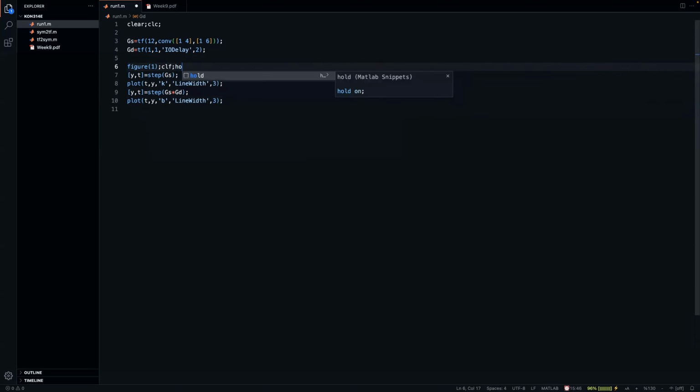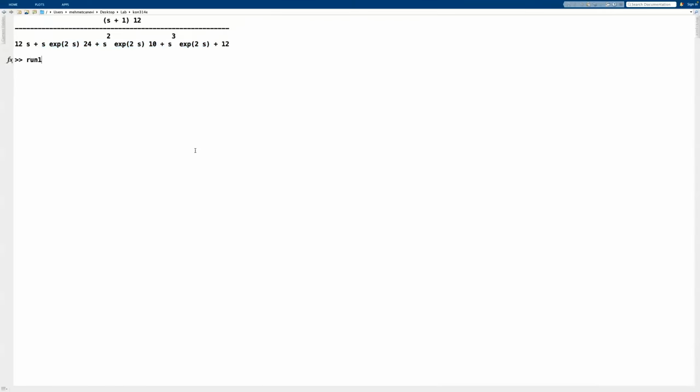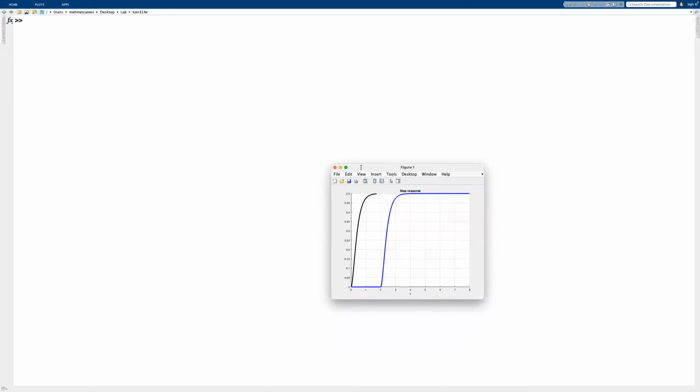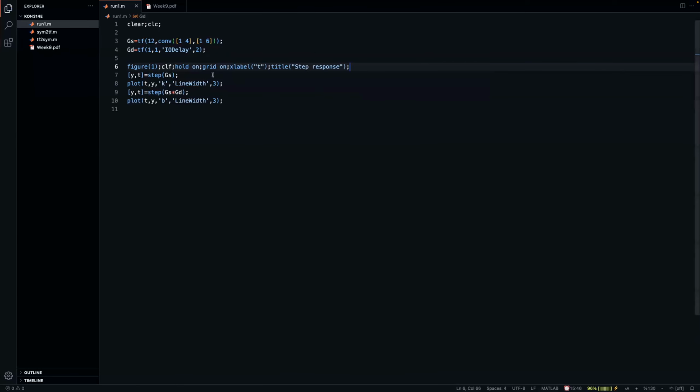Let's have hold on, grid on, time, step response. Let's give it an 8-second time, maybe the same time vector.